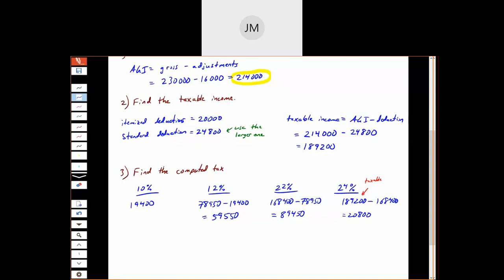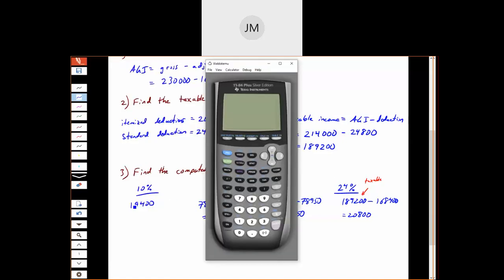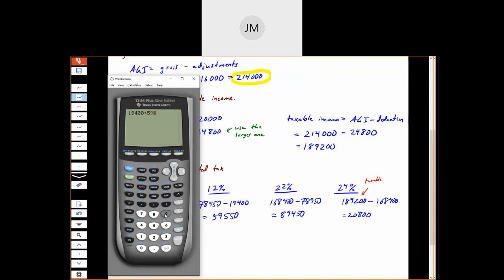What I've said before, a good way to double check what you're doing here is to add up how much is in all of these buckets. So I have 19,400 in the first one, 59,550 in the second one, 89,450 in the third one, and 20,800 in this last one.